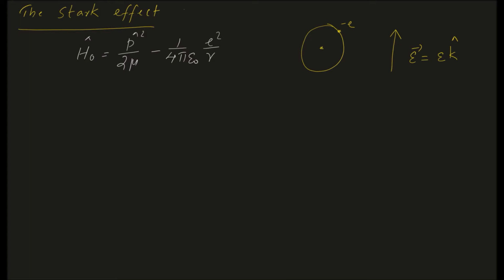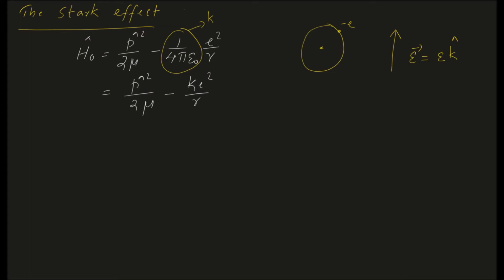Now for simplicity we take the quantity 1 by 4 pi epsilon 0 as some constant, let's say k. So this expression becomes much simpler: p square by 2 mu minus k e square by r.